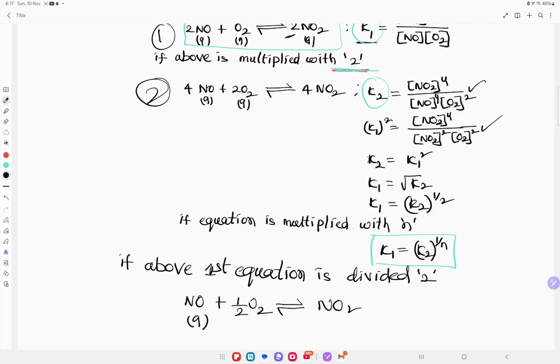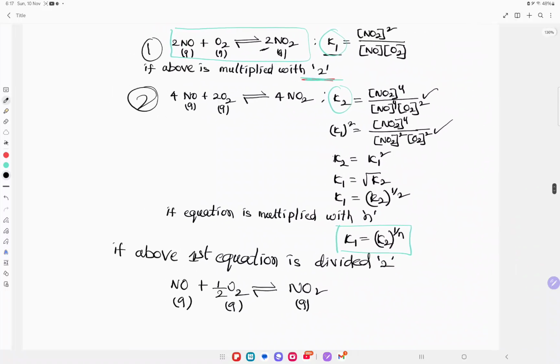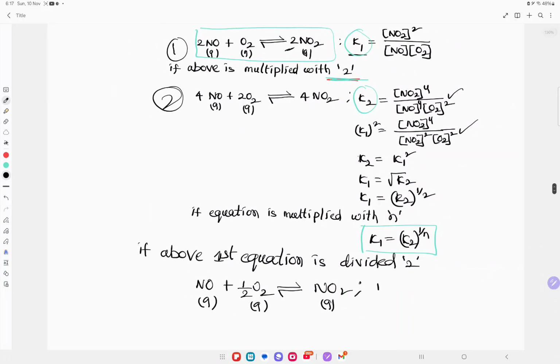If the first equation is divided by 2, then we get this one. For this, what is the equilibrium constant? Consider it as K3. K3 is equal to molar concentration of NO2 by molar concentration of NO into molar concentration of O2 power 1 by 2.